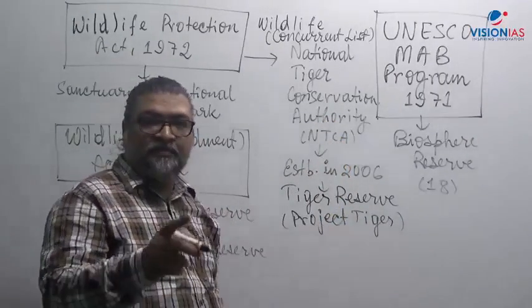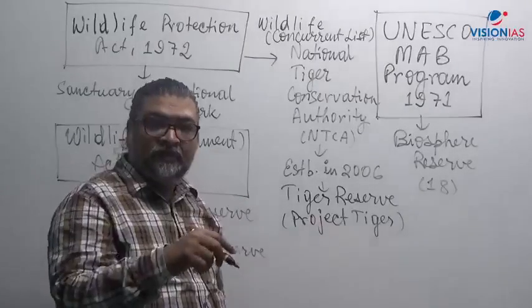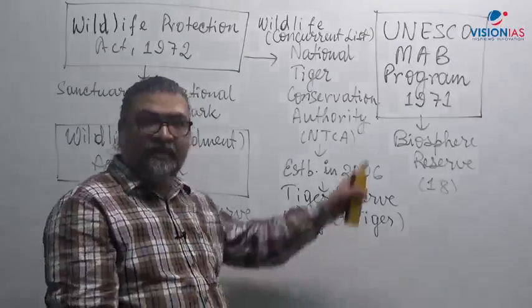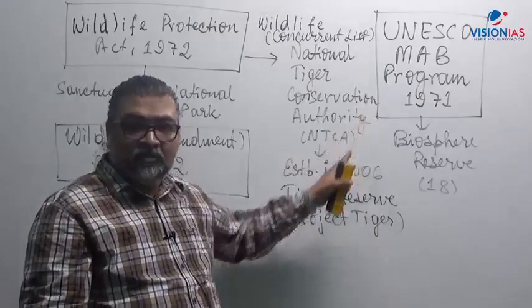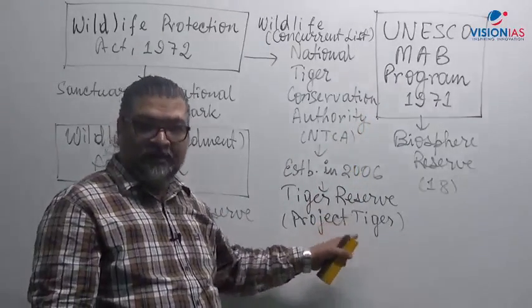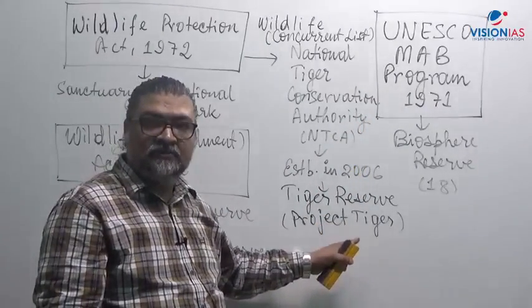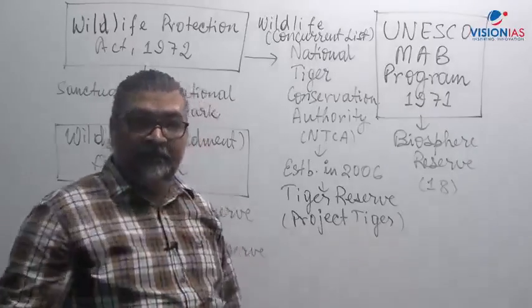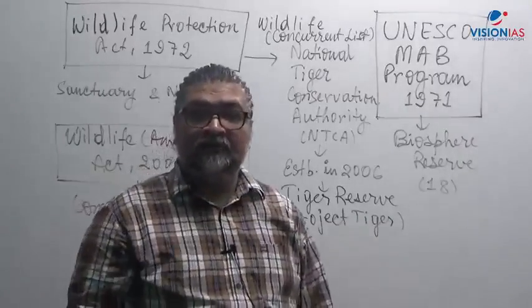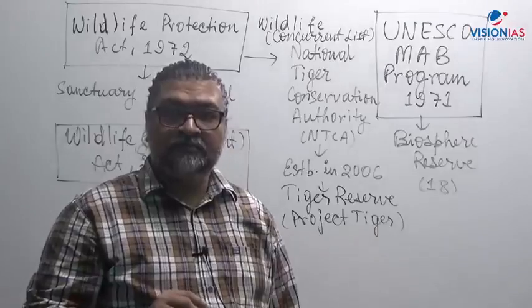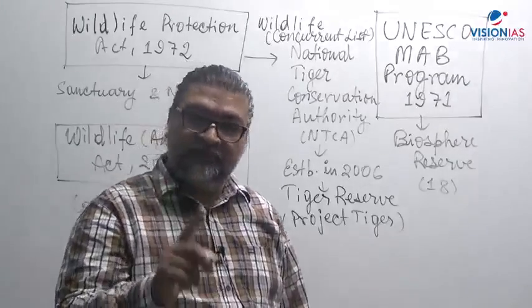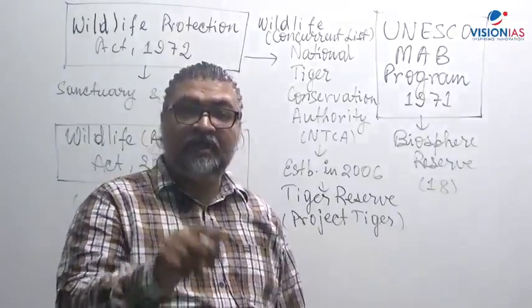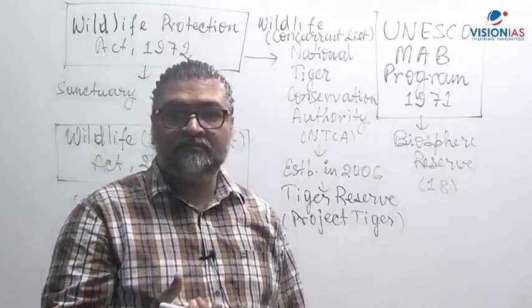Now with respect to the introduction of the African cheetah to India, again NTCA is looking into that. So for wild cats in India, the tiger case comes in. But if we take the example of elephants, we have elephant reserves. The elephant reserve which the central government declares still has to get legal status.